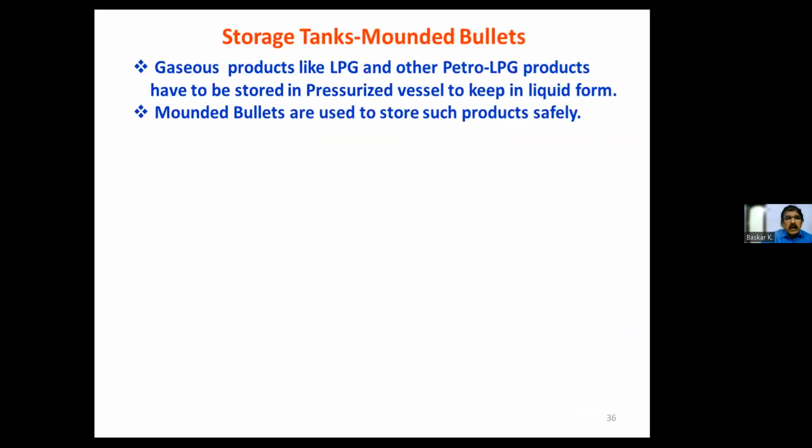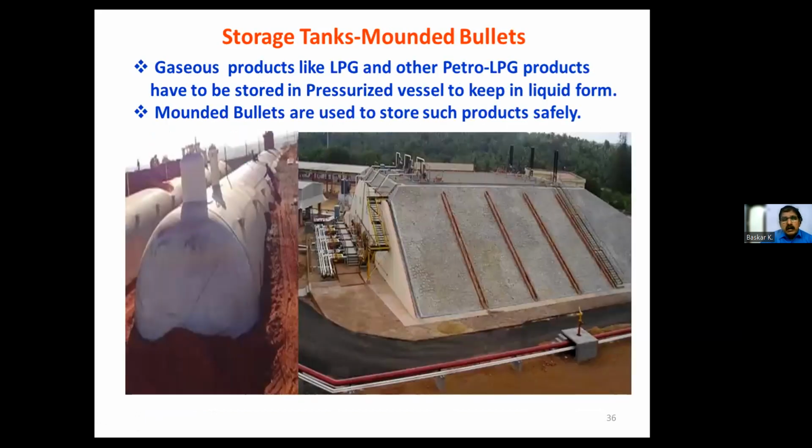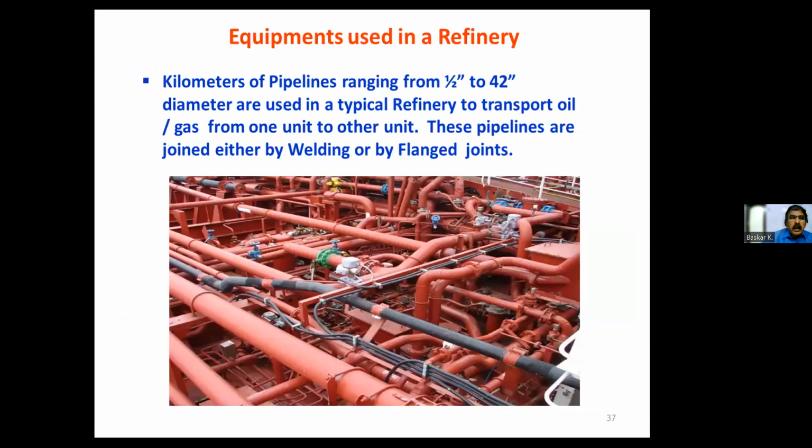Similarly, gases, that is pressurized liquids like LPG and other petrochemical products, are stored in mounted bullets. And kilometers of pipelines, ranging from half an inch to 40-inch diameters, are used in a typical refinery for transporting oil from one unit to another.